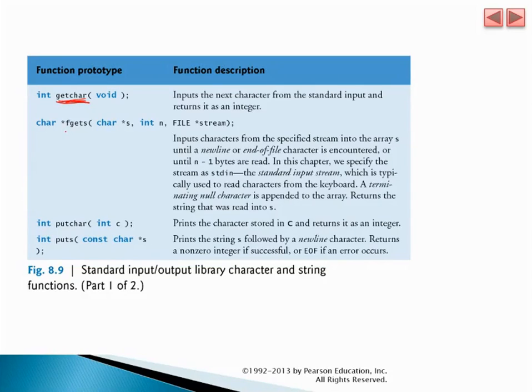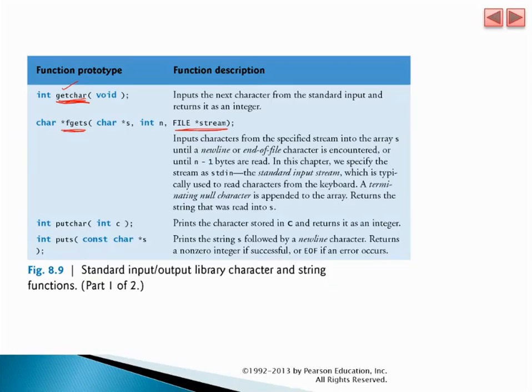There is another function called fgets. What is fgets doing? It inputs characters from a specified stream into the array until a newline or end of file character is encountered. Here you have to define the stream from which you have to take the input. getChar takes input from standard input, from the keyboard.